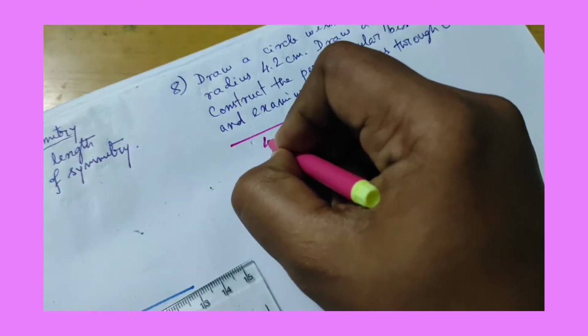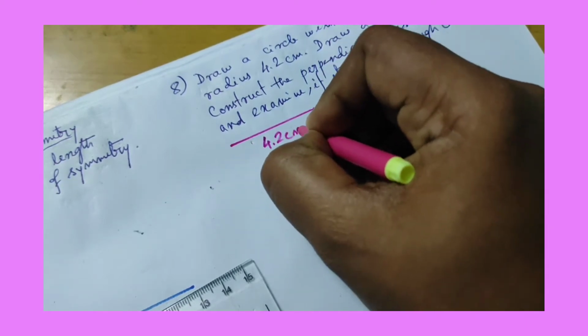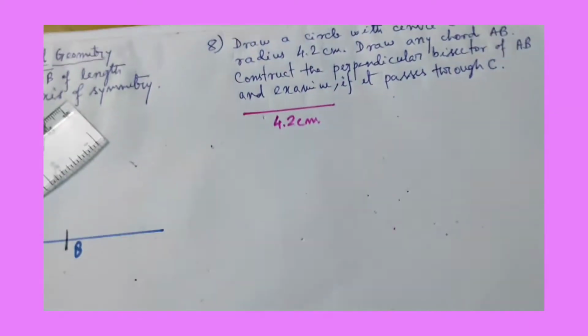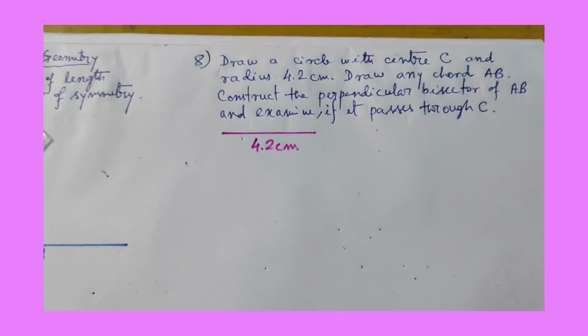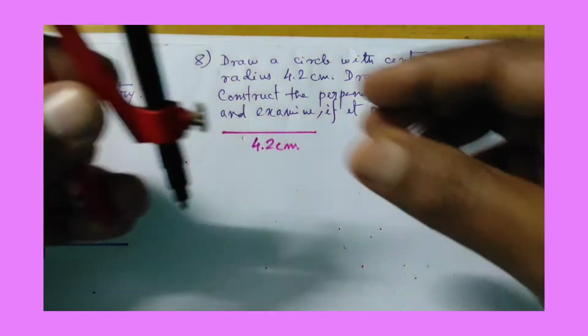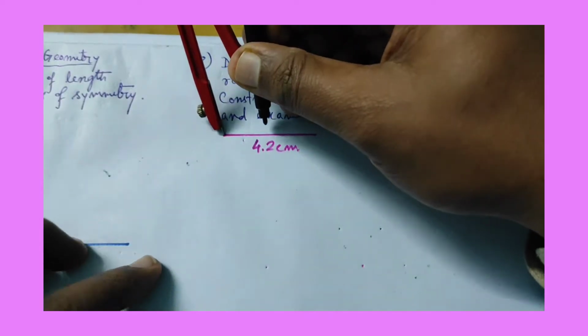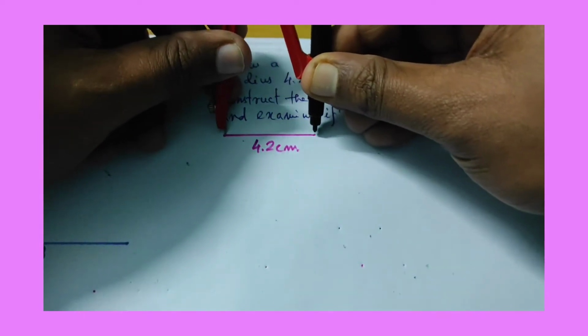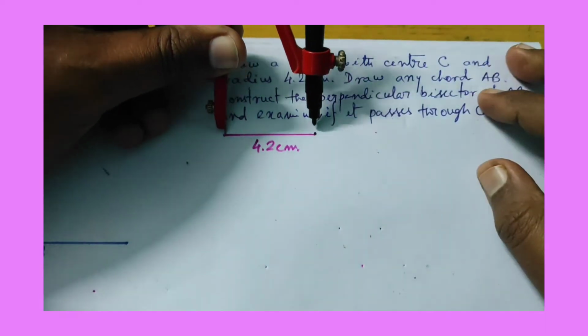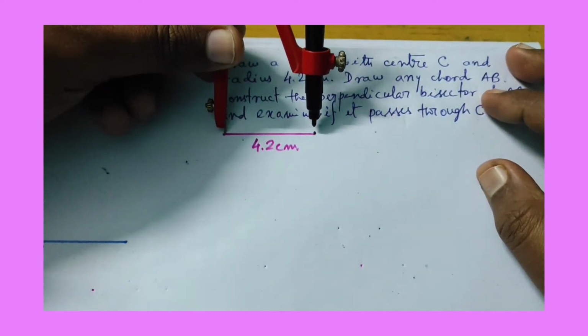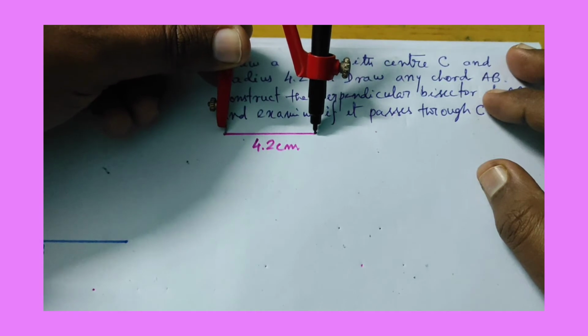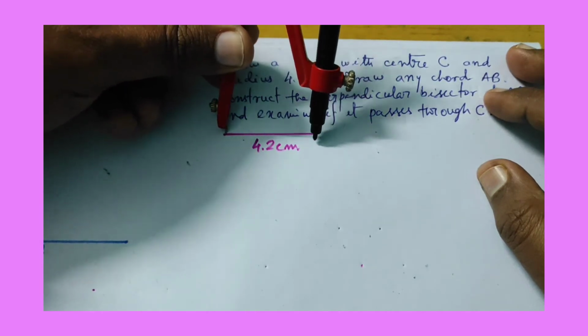Write down the length of this measurement, and now we will draw a circle of radius 4.2 centimeter. So let us take the measurement of 4.2 centimeter in the compass. Everybody knows how to take the measurement using the compass. Place it carefully. So this is the radius I have taken in the compass, 4.2.